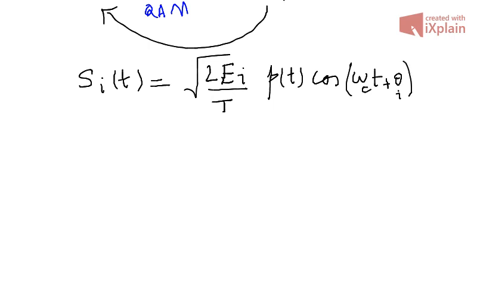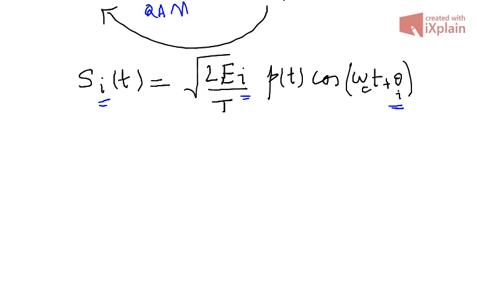If you observe this expression, for each i the energy of the signal is E_i and its phase is theta_i.